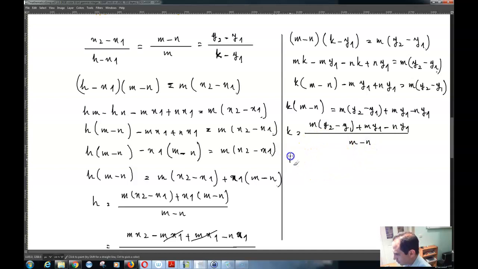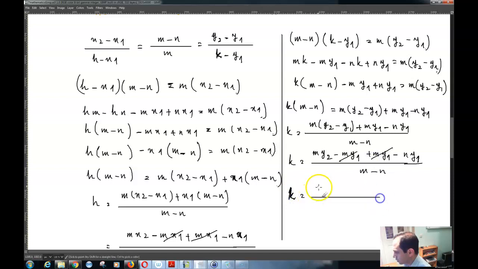You can rewrite this as k is equal to m y2 minus m y1 plus m y1 minus n y1, over m minus n. Then you can cancel these two out. You'll get k is equal to m y2 minus n y1 over m minus n. This is your k.